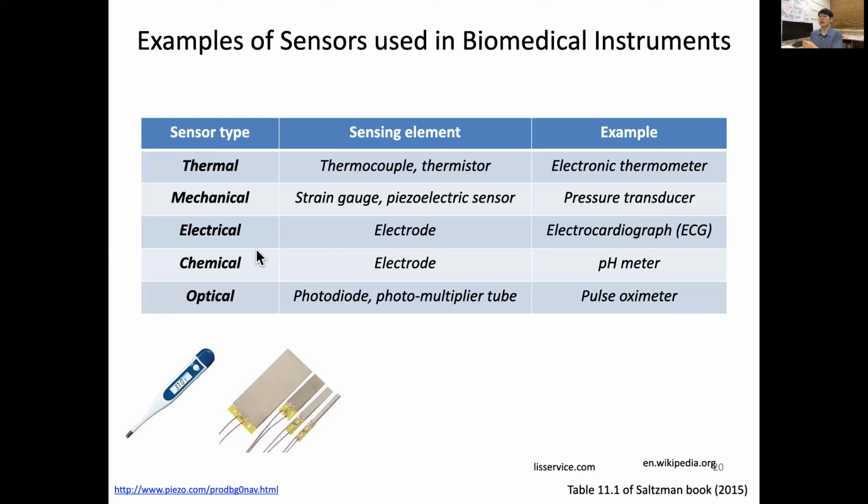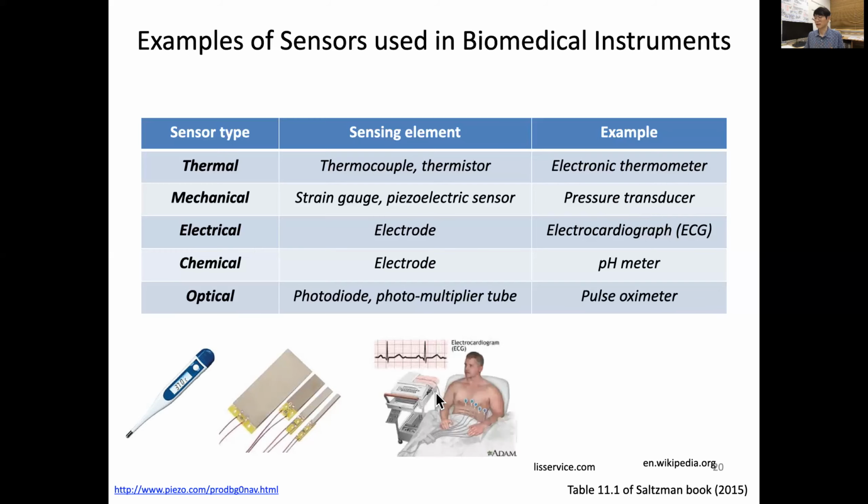And thirdly, electrical sensor, one example is an electrode. For example, like electrocardiography. We have already discussed that these electrodes sense the electrical activity of our heart, because the heart's cardiac myocytes generate an electrical field and electric vectors.